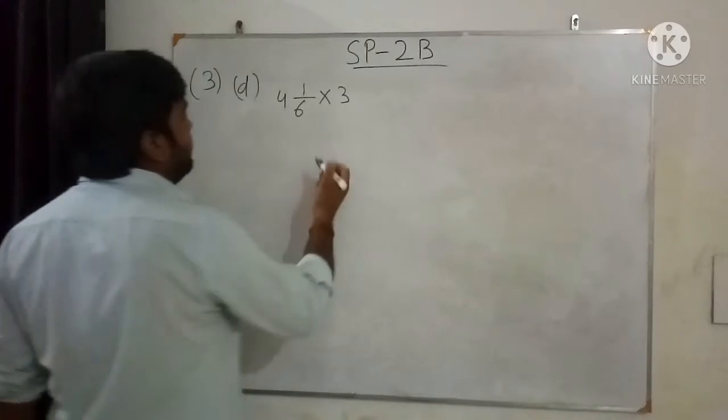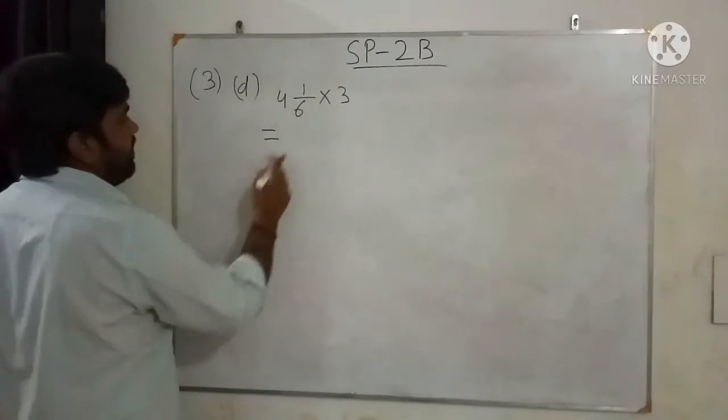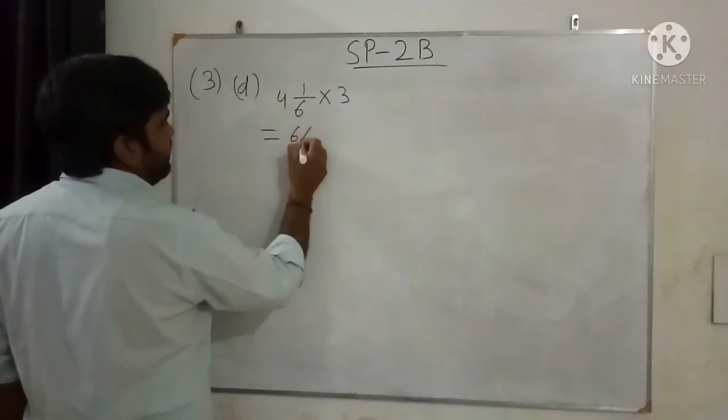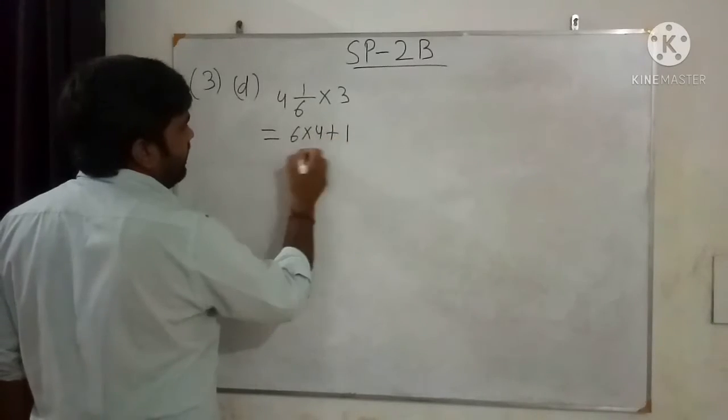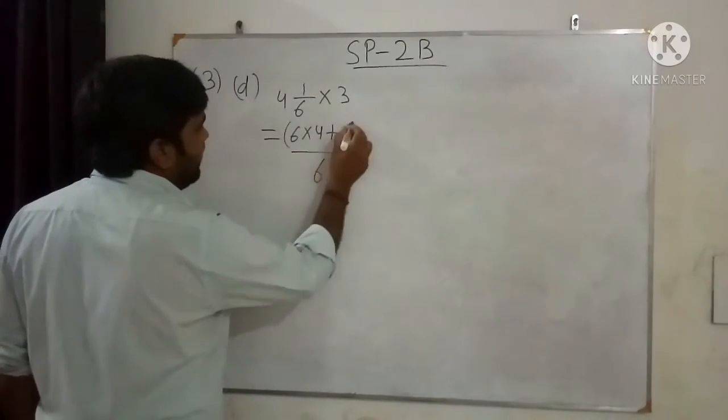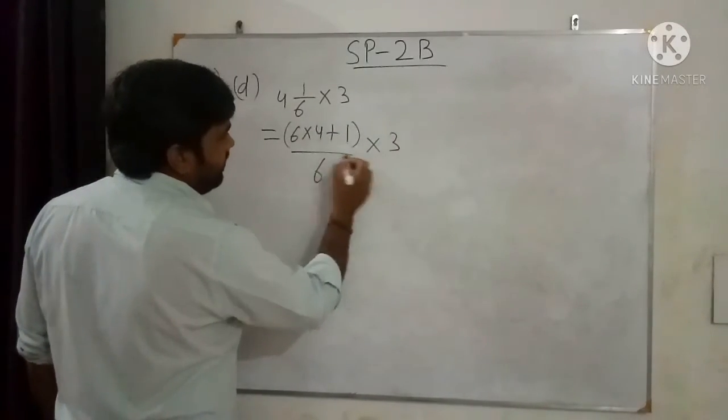Now see how we do it again. First we convert this into an improper fraction. 6 4s are 24. 6 multiply 4 plus 1 by 6, that we write in the bracket, multiply 3.